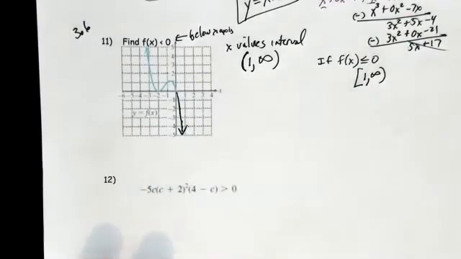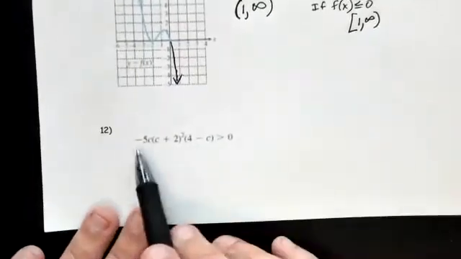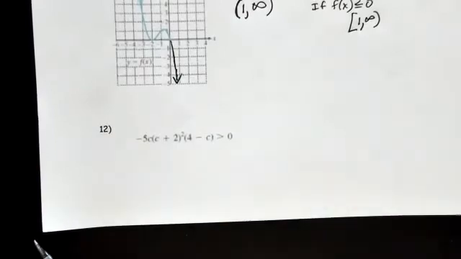All right, the last part of this is figuring out number 12, which is just an inequality in which we're trying to solve for C. And what values will C be if it's greater than 0? The whole thing on that side is greater than 0.